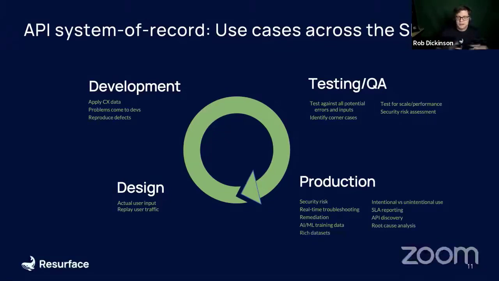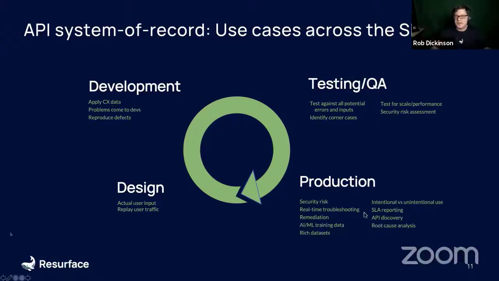One of the things we hear from security people and people that work in production all the time is, I wish I could get my development team to care more about the quality problems we're having. I wish I could get my development team to care more about the security issues we're seeing. But that's really hard to do if testing and QA is operating in their bubble and development is saying, it works on my machine.